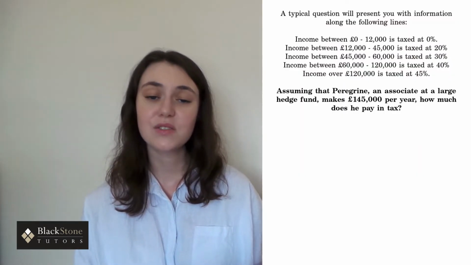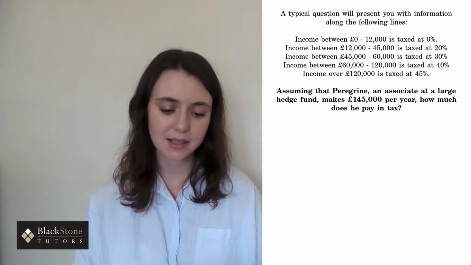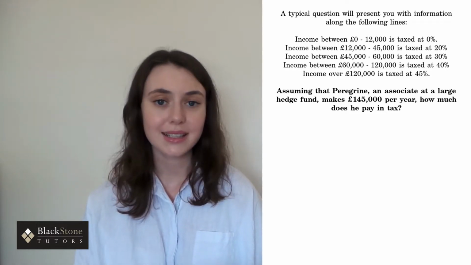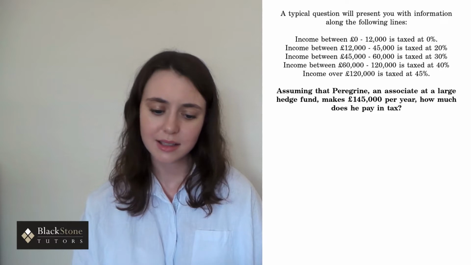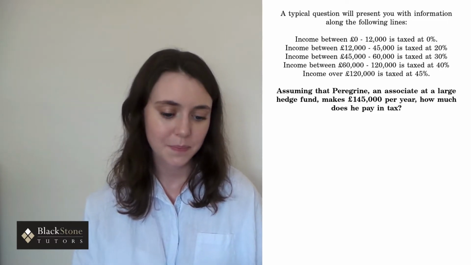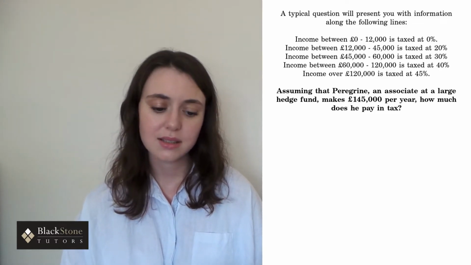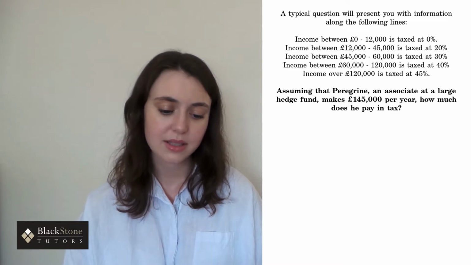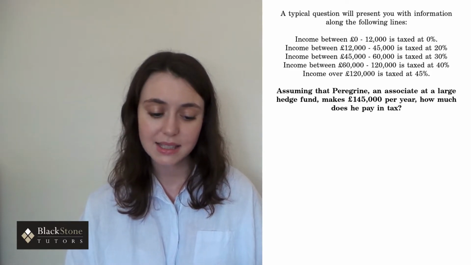So let's go through an example together. I've got the question down here in front of me, and I'll also pop it up on the screen here for you to see as well. A typical question that you're going to get when it comes to calculating tax may go as follows. Income between £0 to £12,000 is taxed at 0%.